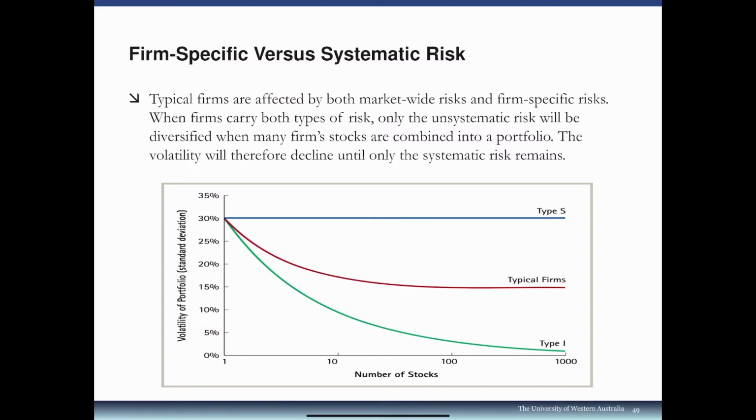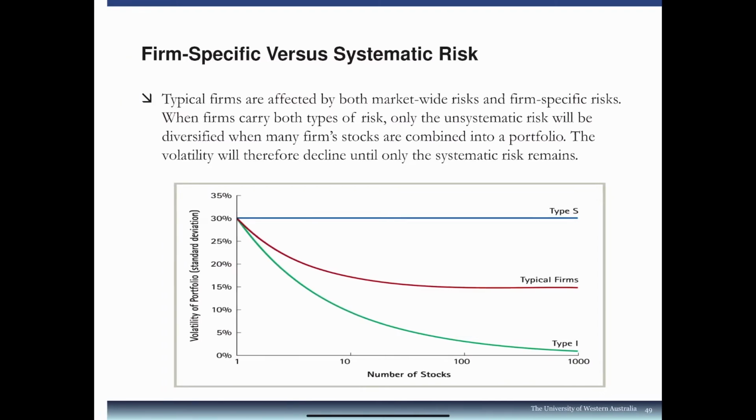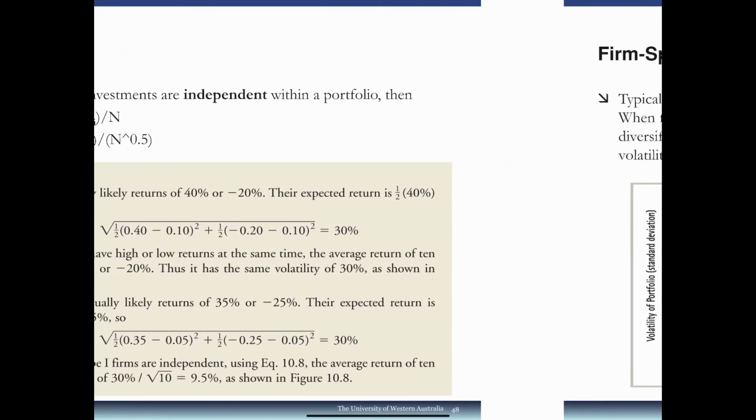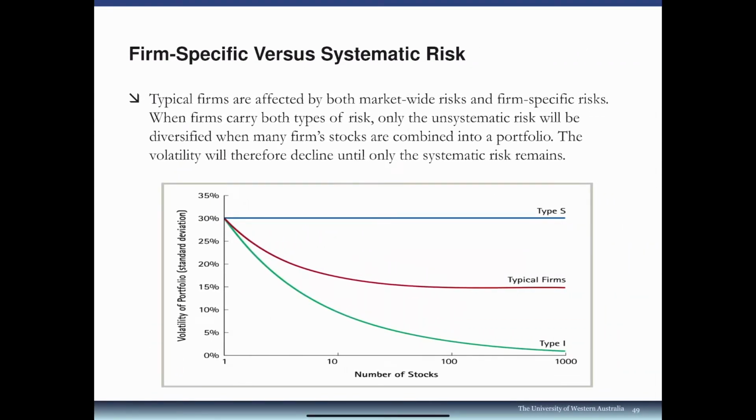But for type I firms, the ones only affected by firm-specific risk, the more you hold, the more the portfolio volatility drops by a factor of the square root of n, right? Because as we can see from the calculation over here, the portfolio volatility equals the individual volatility divided by the square root of n. So the more you hold, the lower the number will be.